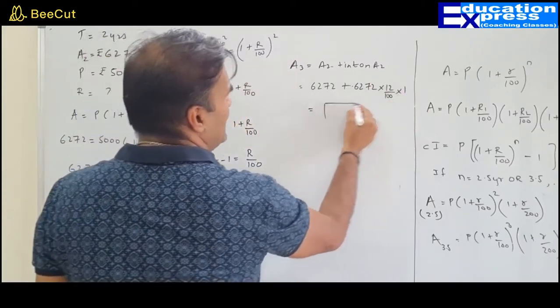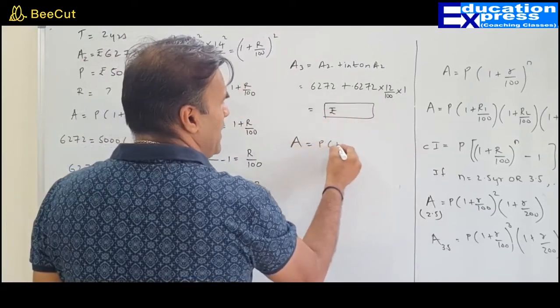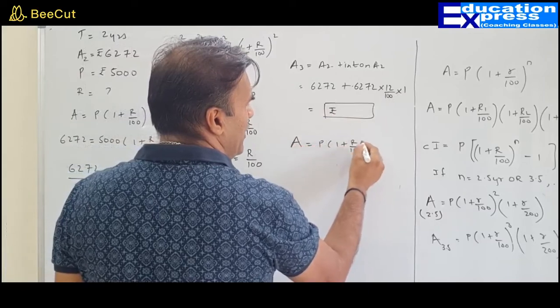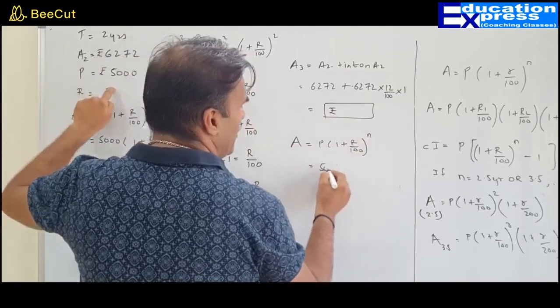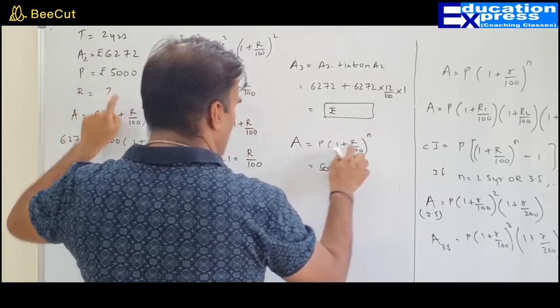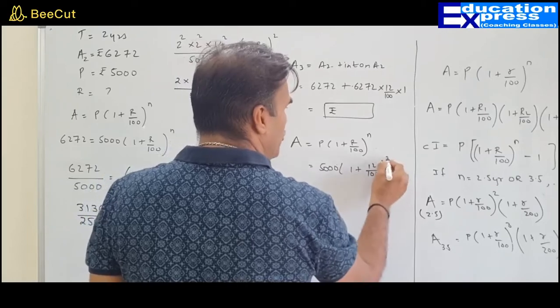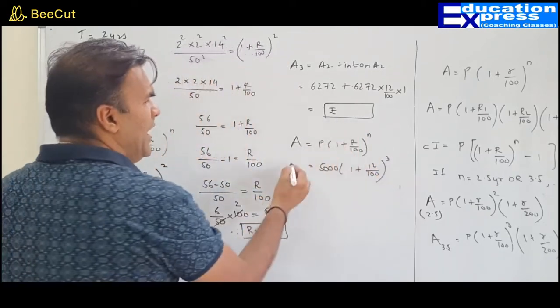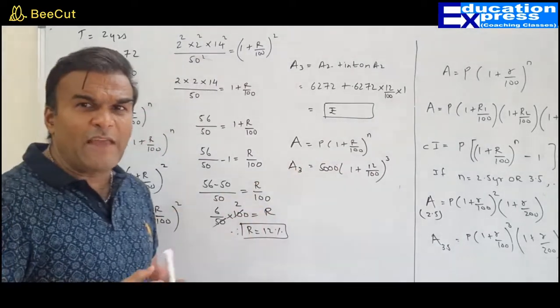Either you can do this and get your answer, or else you can find out A equals P (1 plus R upon 100) raised to n. What is the principal? 5,000 (1 plus what is the rate of interest? 12 upon 100) raised to 3. So automatically you will get the amount at the end of third year. I'm sure you can do this type of calculation.